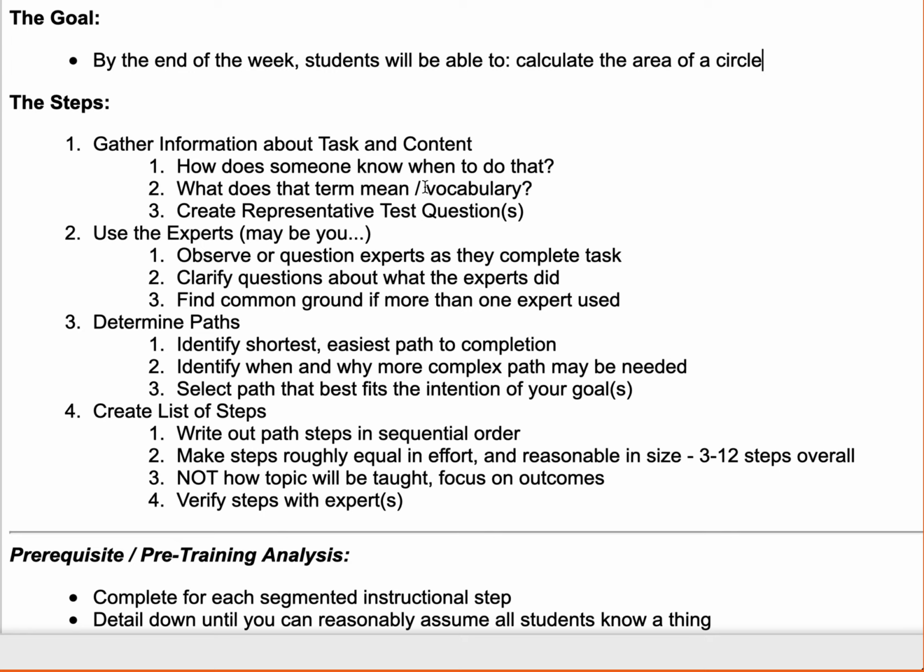We're going to assume this is for a math class, a geometry class, so it would be applicable to the class. And it's results oriented because it's about the thing they can do at the end. This is what they will be able to do. It's not about what they have to do to get to the point where they can do this thing. So we'll go with that. This will be our SMART goal that we are now trying to build an instructional design for.